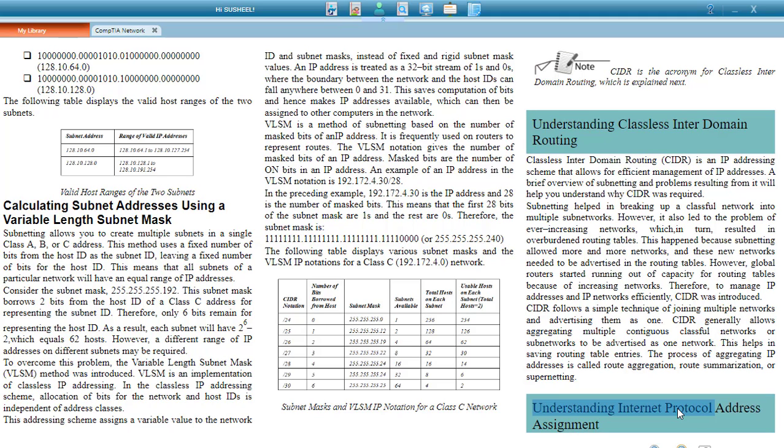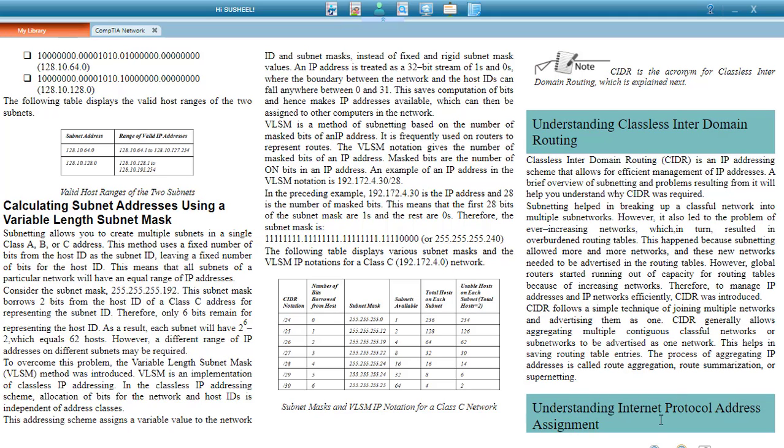Subnetting helped in breaking up a classful network into multiple subnetworks. However, it also led to the problem of ever-increasing networks, which in turn resulted in overburdened routing tables. This happened because subnetting allowed more and more networks, and these new networks needed to be advertised in the routing tables.